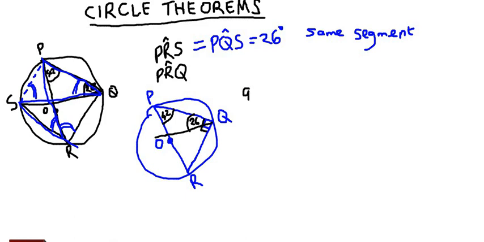Okay, we can add 90 plus 42 to get 132. So because this PQR is a triangle, it means we'll get 132 from 180 to find the angle.